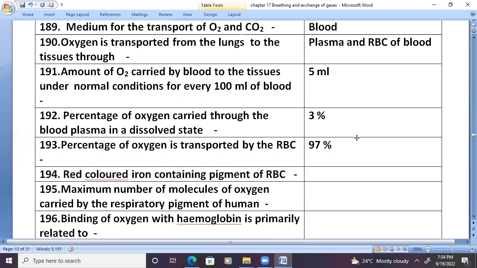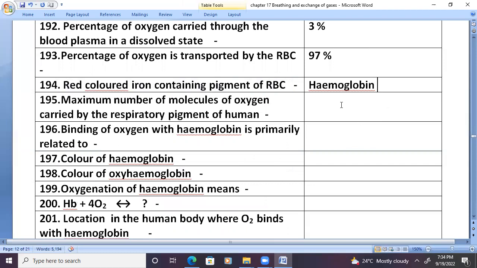The red colored iron containing pigment of RBC is hemoglobin. The maximum number of molecules of oxygen carried by the respiratory pigment of humans is 4. Binding of oxygen with hemoglobin is primarily related to the partial pressure of oxygen.